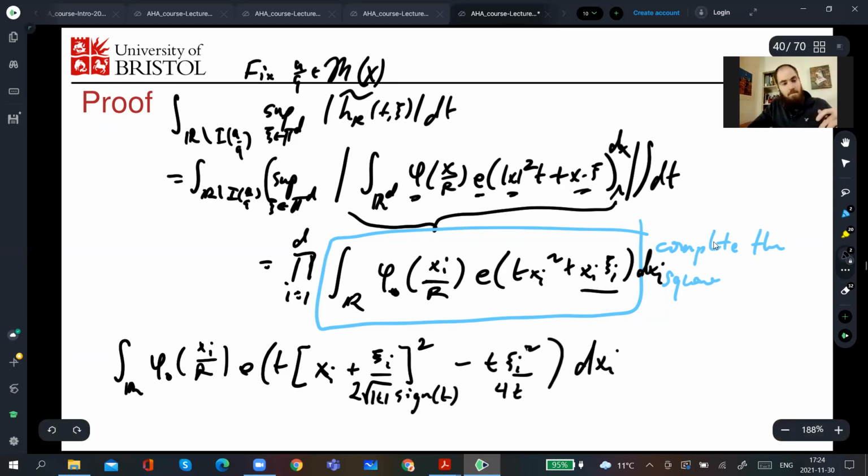Is that an absolute value of t in the denominator? Yes, that's the square root of an absolute value of t, and then times the sign of t. So when you square that, you get 4 absolute value of t. Oh, you're right. Wait, yes, you're right. I times the sign, is that right?